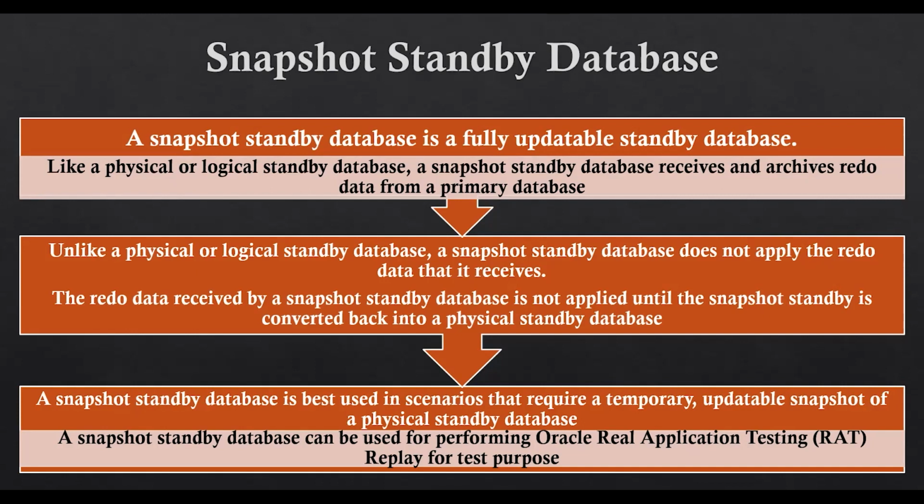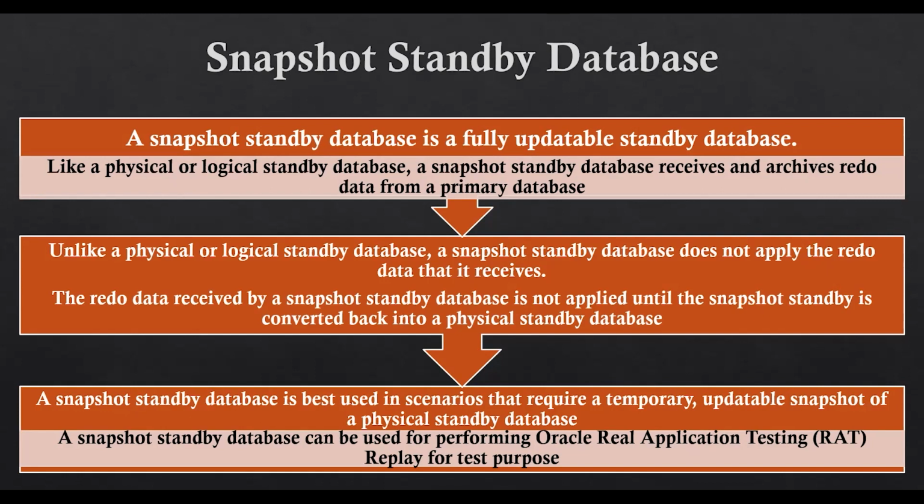That means you have temporarily converted your physical standby database into a snapshot standby database. The main purpose behind this change is to have a temporary, updatable snapshot database. So if you want to perform some real-time testing on your system, this is the best way of doing it.